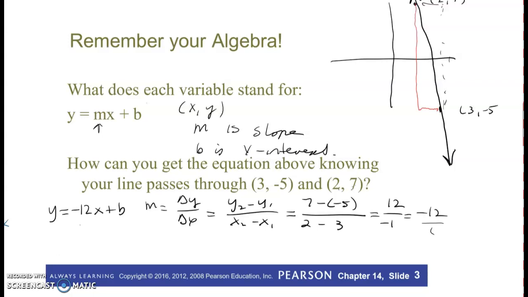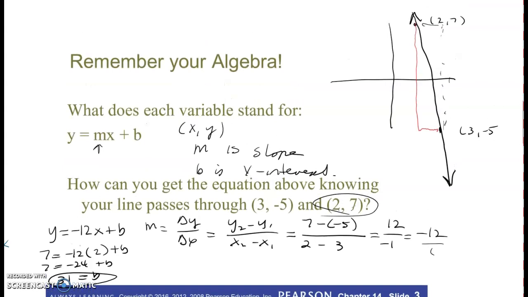To get it, though, I simply have to plug in one of the points that is on the line. So I'm going to use the (2, 7). The 7 is the y value. The x value is the 2. Go ahead and solve for b. And I get b equals 31.